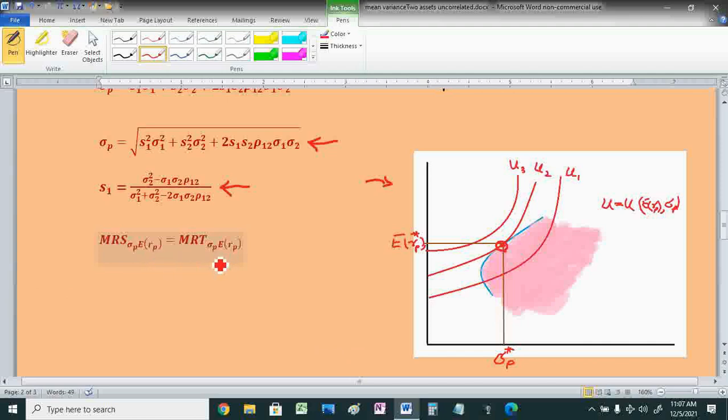And similarly, the slope of the portfolio possibility frontier is the marginal rate of transformation. It could be described in this way, and so we can say that this equality should be satisfied to ensure that we have identified the utility maximizing portfolio for the person in question.